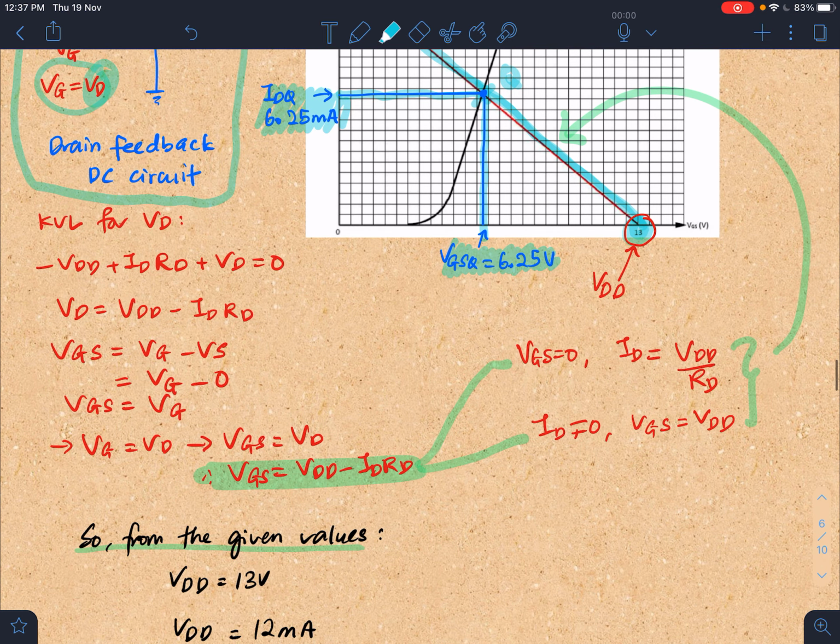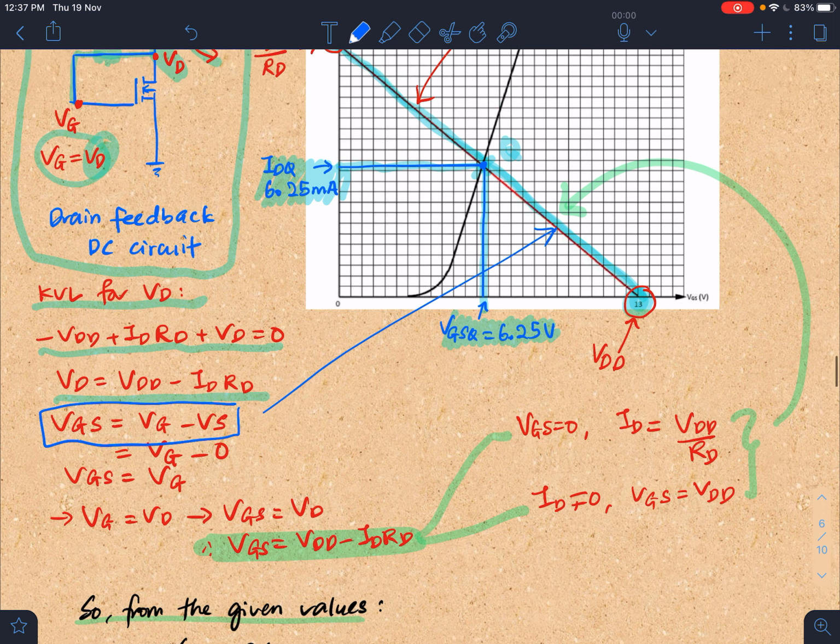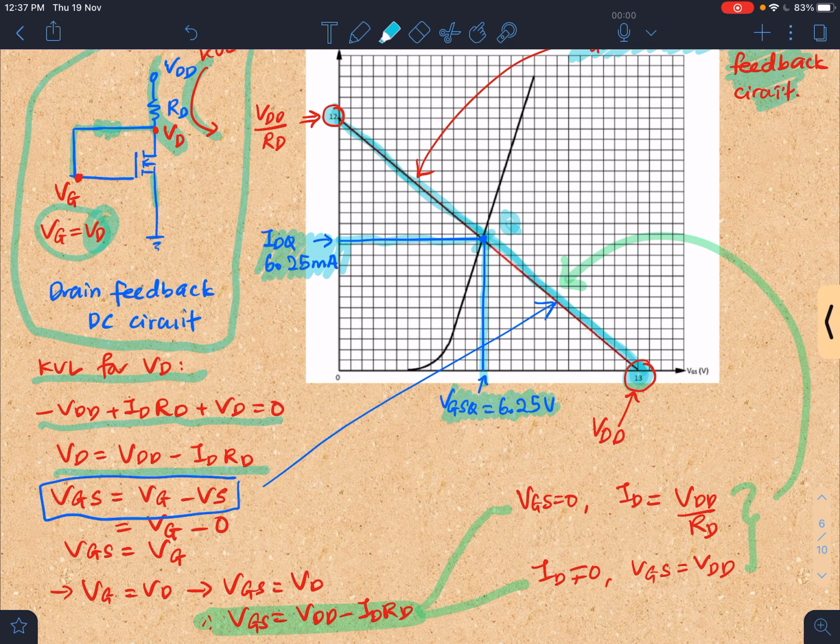Now we go for the KVL for VD. We get negative VDD plus IDRD plus VD equal to 0, so VD is VDD minus IDRD. The important equation now is VGS, because we want to find this VGS line. We know that VGS is equal to VG minus VS, and for this circuit VS equal to 0.